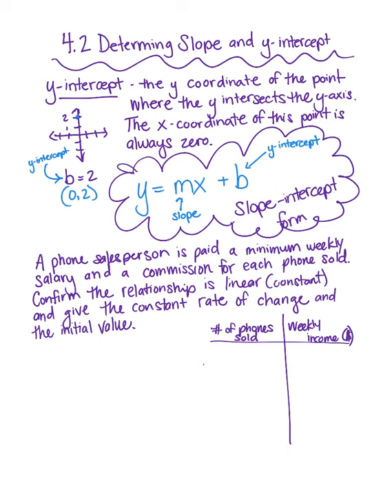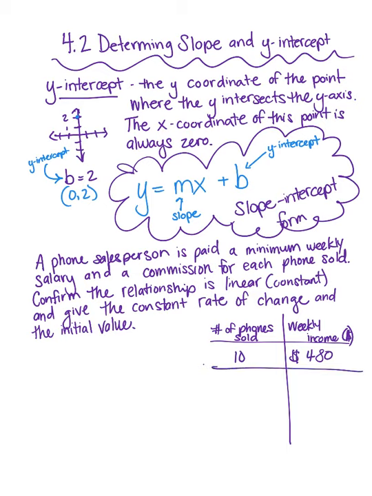So when she sells 10 phones, her weekly income will be $480. So that means her base pay, her weekly salary, and commission, her total will be $480.